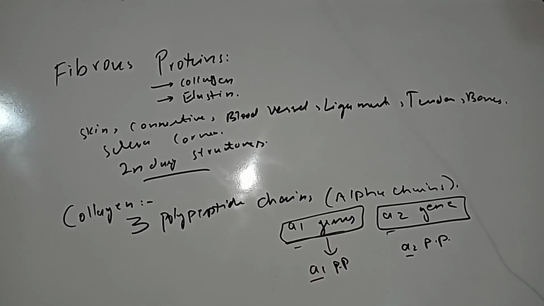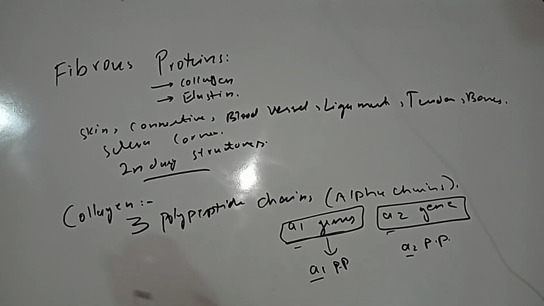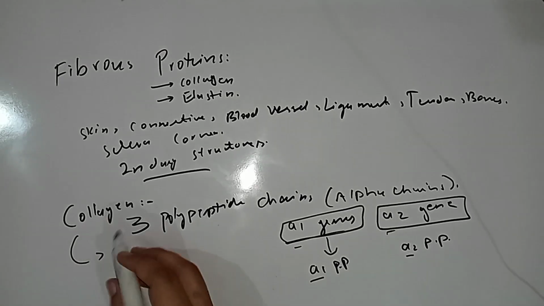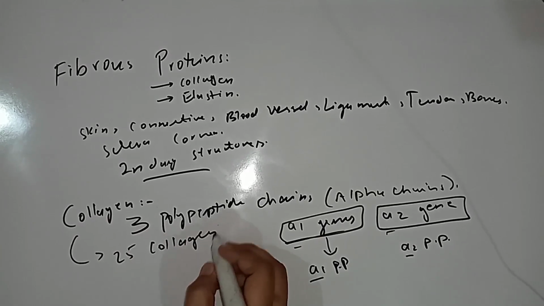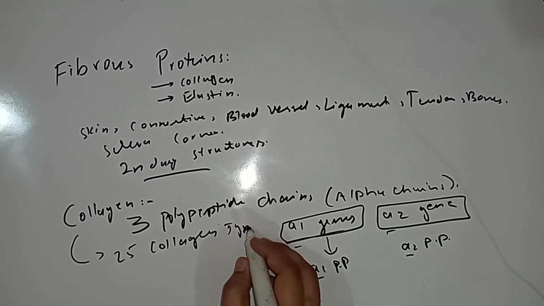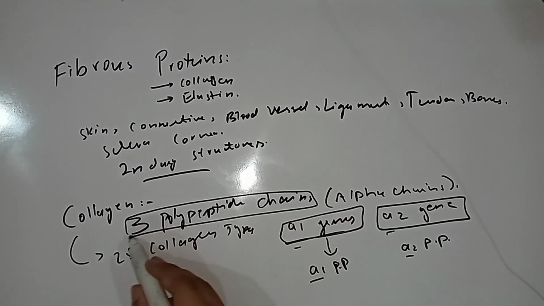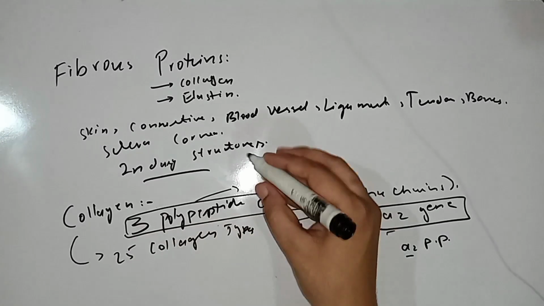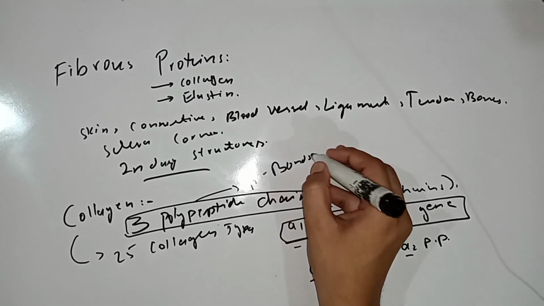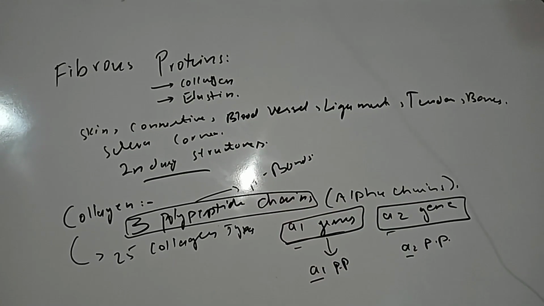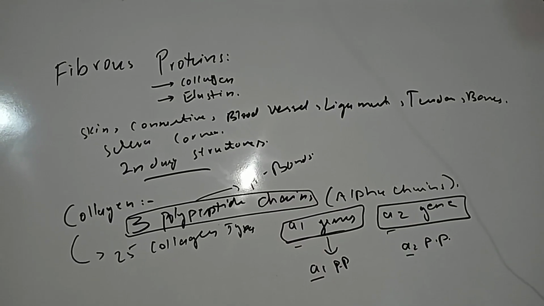So collagen is basically synthesized from three polypeptide chains, and there are about 25 different types of collagen. These three polypeptide chains which form the basic collagen molecule are held together by hydrogen bonds, and moreover there are also interchain linkages that we will discuss later on that stabilize the structure of collagen.